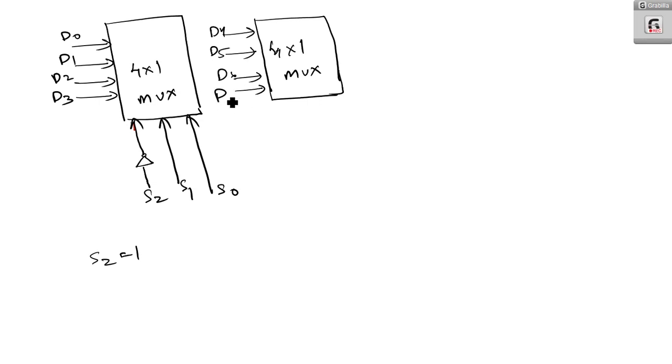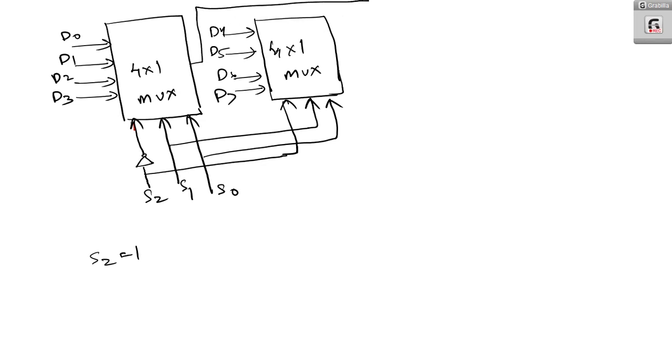Here what happens? One of the selectors is S2. S2 is given directly here, S1 is also given directly, and S0 is also given directly. So here you have one output, here you have another output, so you have to OR these two outputs, then you will get Z.